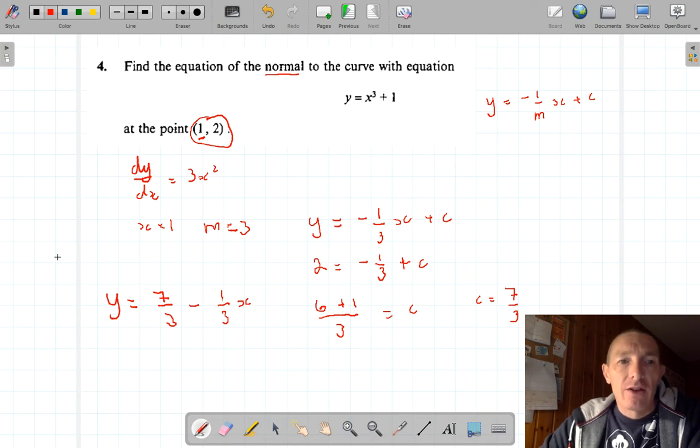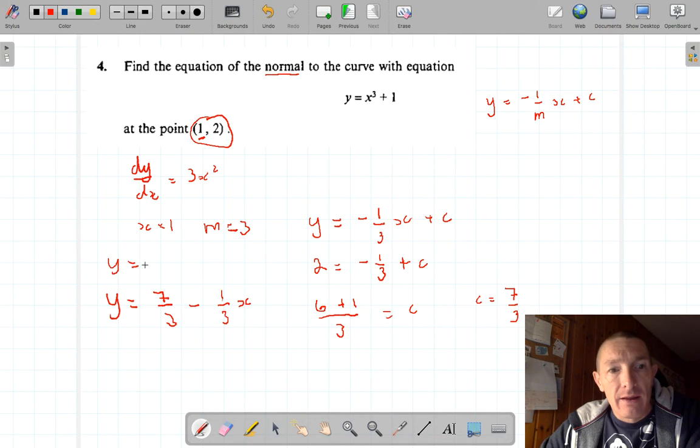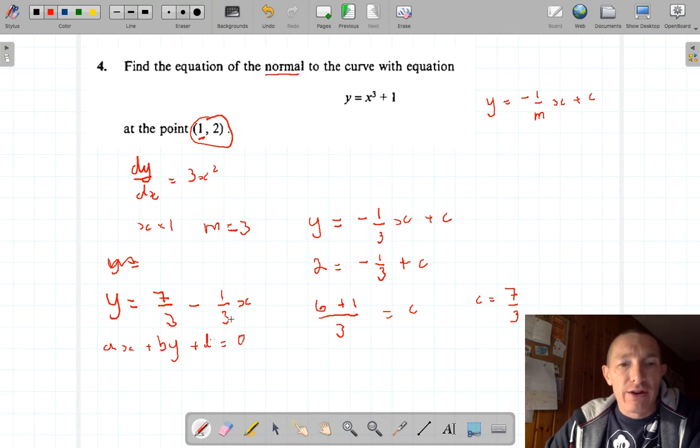Now, a little bonus here. Sometimes you're asked to write these in the form ax plus by plus d equals 0. Now, if I was asked to do that, which I'm not actually for this question, I would multiply everything through by 3.